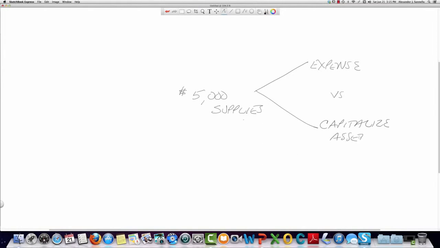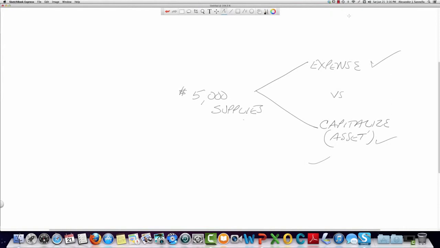And we cover this in detail when we looked at the various deferrals. So again, if you expense it, that might be over conservative, and when you capitalize it, it may not be conservative enough. It really depends on whether or not you have the facts, whether or not those supplies will be useful for more than one accounting period.